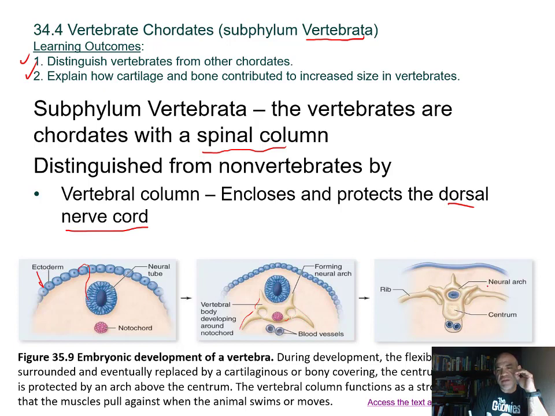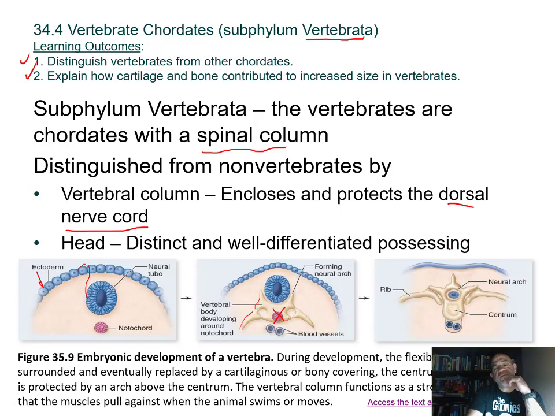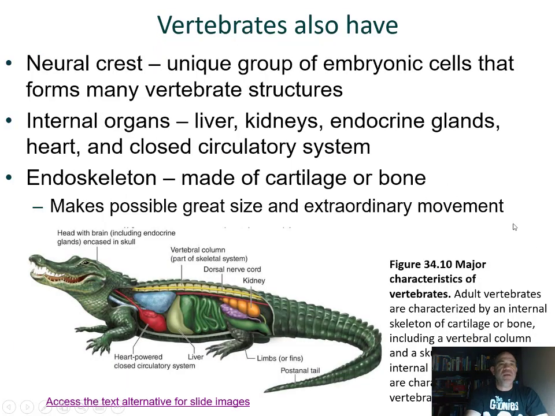And then eventually you get your neural arch around there, and you can see a hollow nerve cord in there, which is going to become your spinal cord, protected within a hole that goes through that backbone. Eventually the notochord disappears and is replaced completely by the backbones, the bones of the back. And so we also have a very distinct, well-defined head region with a well-developed brain as well.